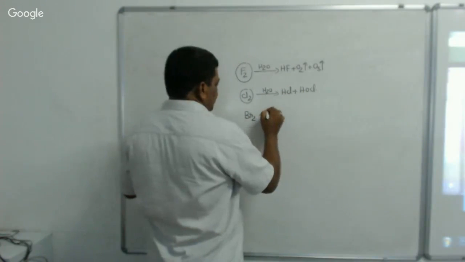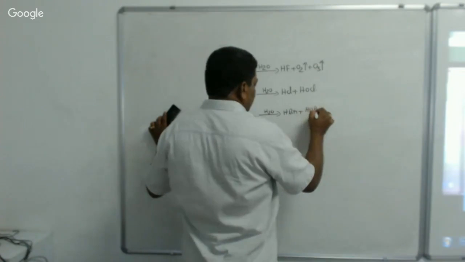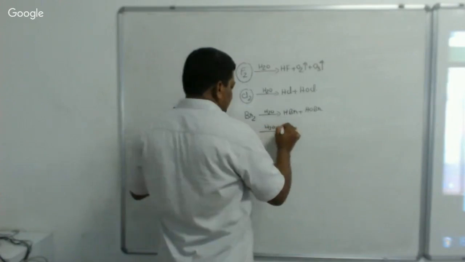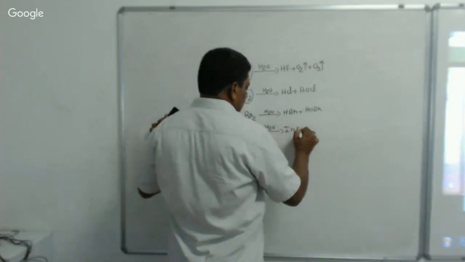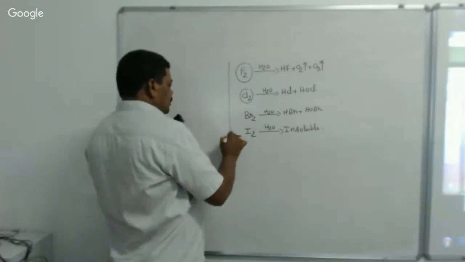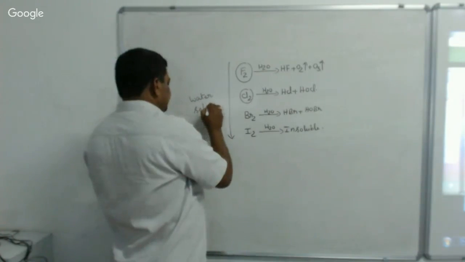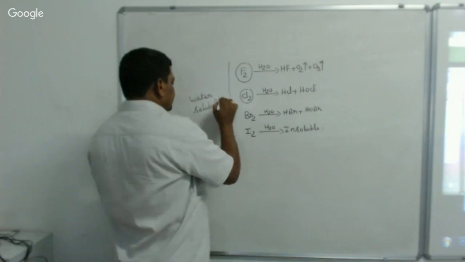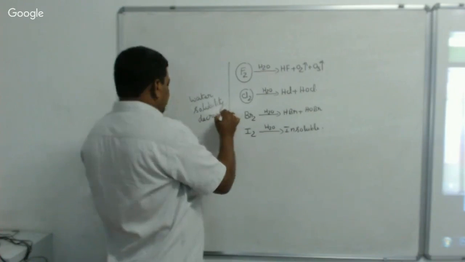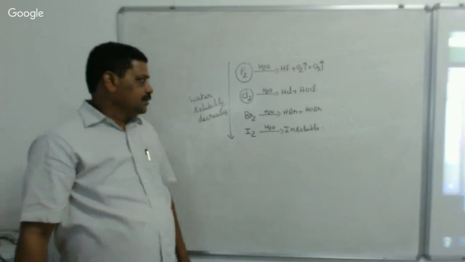Bromine is the same: HBr plus HOBr. Iodine is insoluble in water. So down the group, water solubility decreases. This is our conclusion.